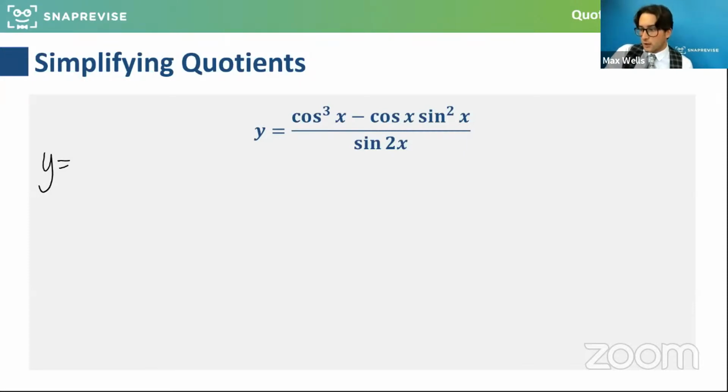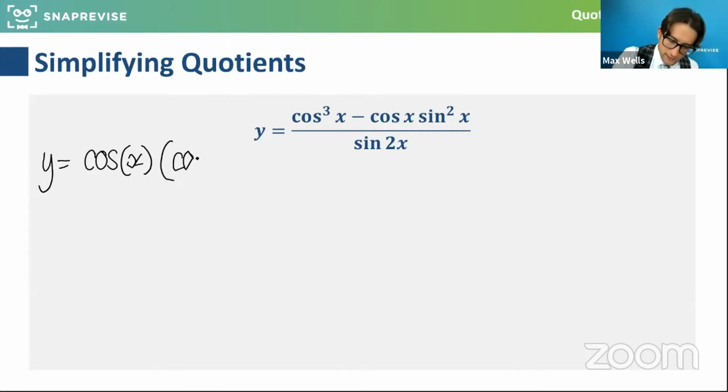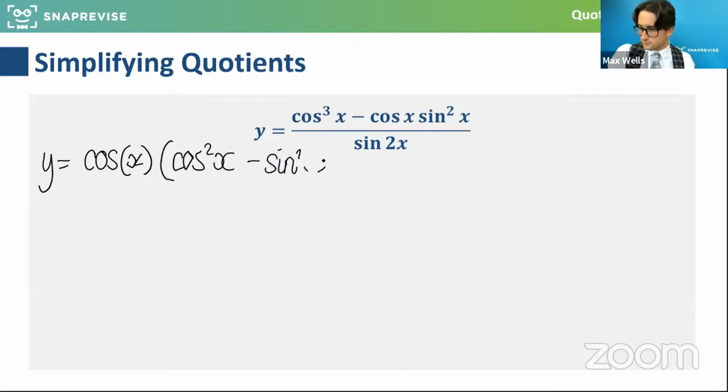So that's brilliant. Right, so something that factorizes out here is there is a common factor of cos x. So I'm just going to start factorizing the top. And that would be times by another cos squared x to make cos cubed x, minus sine squared x. I'm going to show you some little tricks for this as well.